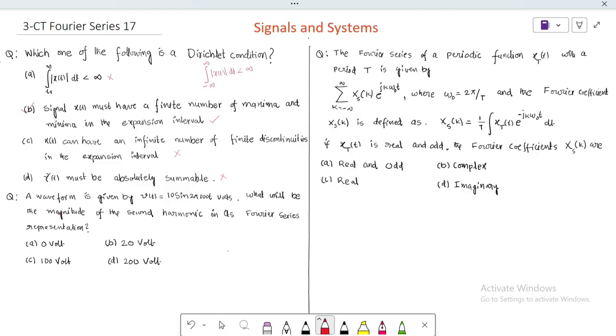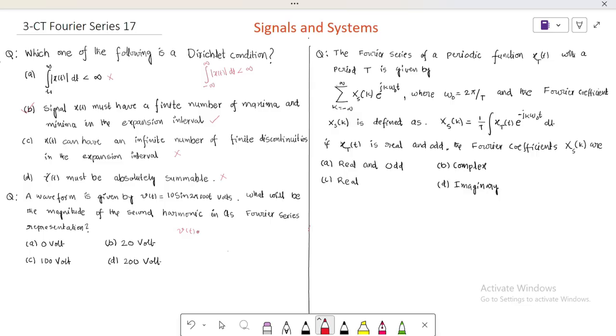The next question: a waveform is given by v of t equal to 10 sine 2 pi 100 t volts. What will be the magnitude of the second harmonic in its Fourier series representation? You know that we can easily convert trigonometric to exponential form.